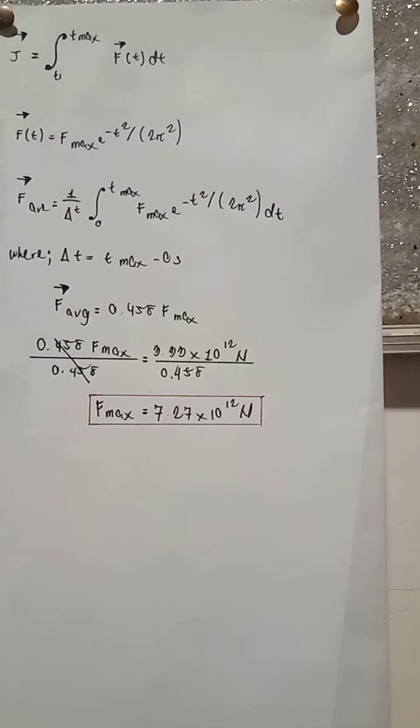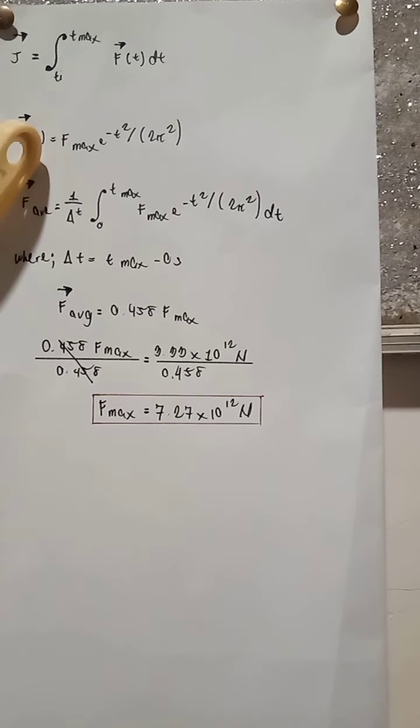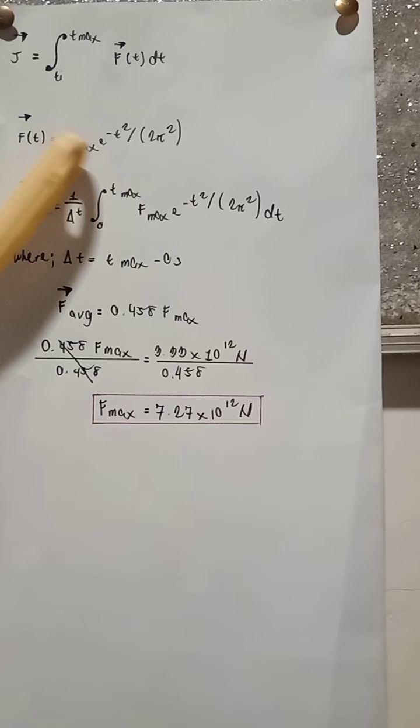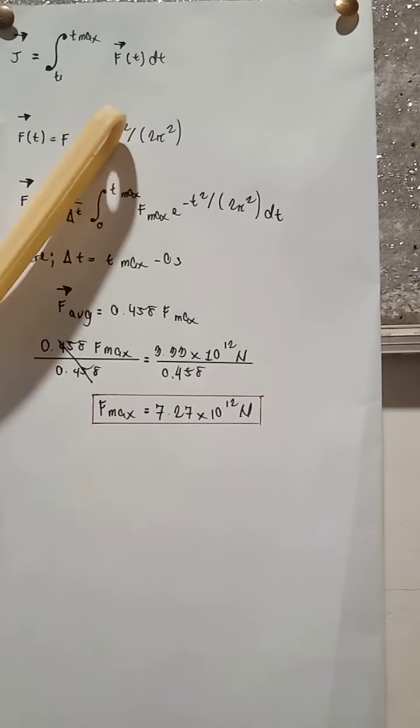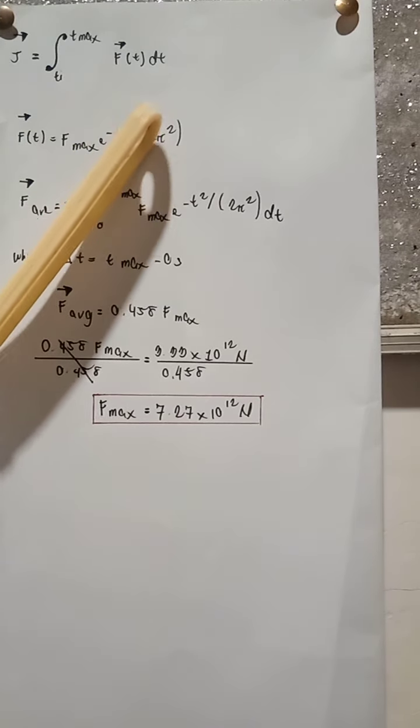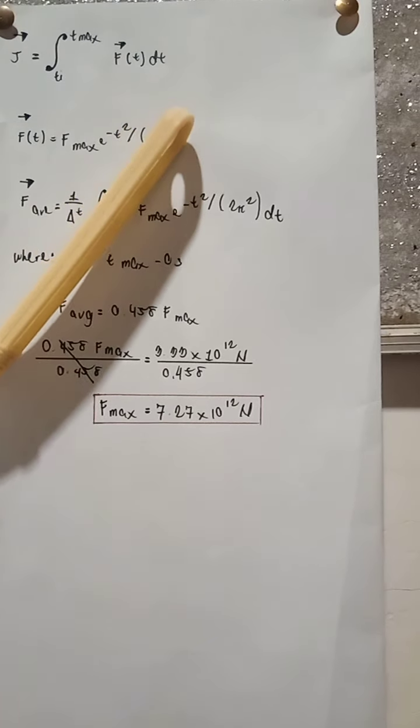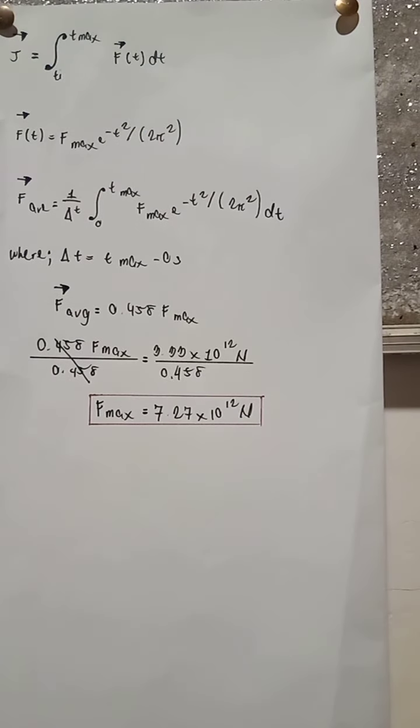A function that does this is force, the quantity F of T, equals F max e to the negative T squared over the quantity 2 R squared. The parameter R represents how rapidly the force decreases to 0.